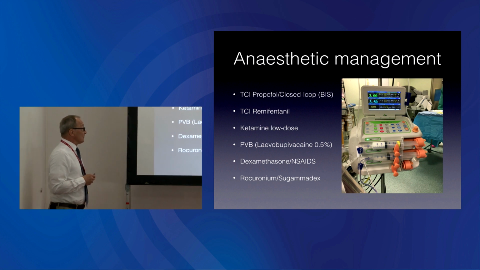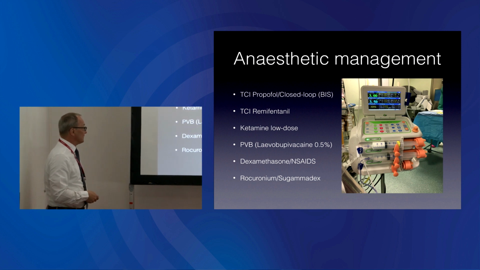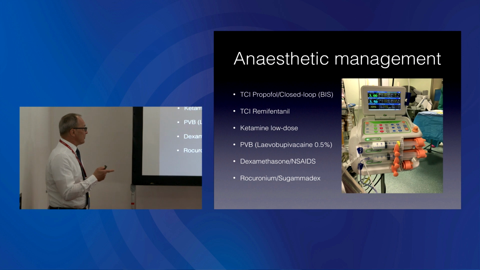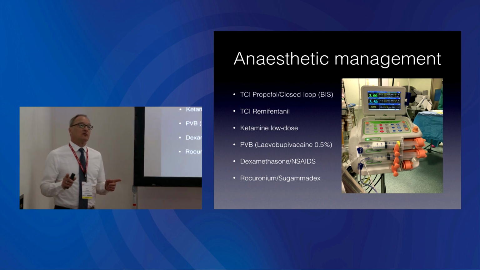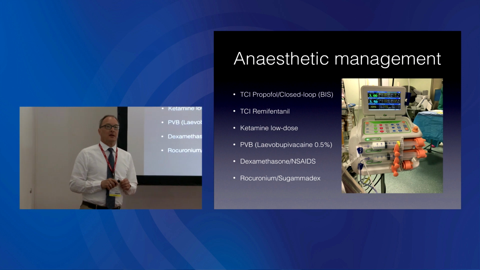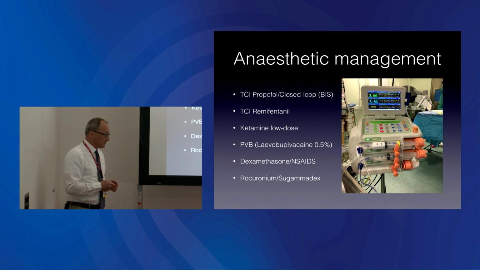We use a low-dose ketamine infusion, and we use a paravertebral block with levobupivacaine. We give a bit of dexamethasone up front. We use non-steroidals if we can, and we have to paralyze these patients for robotic surgery quite well, so we have to use a reversal at the end, which is also monitored.